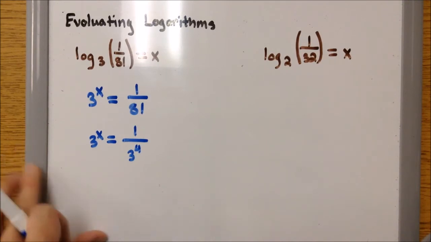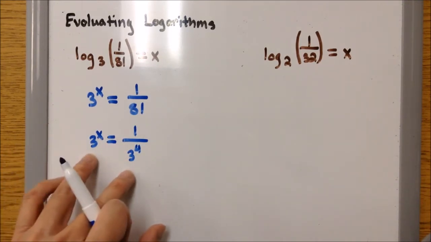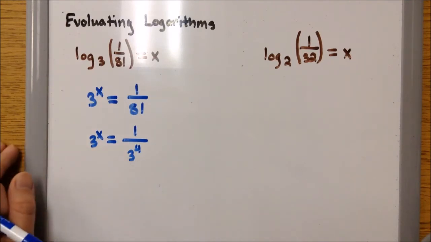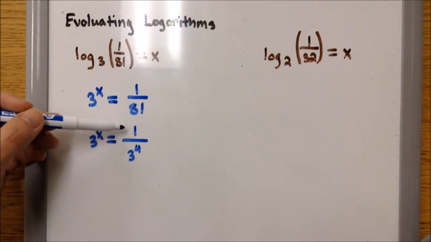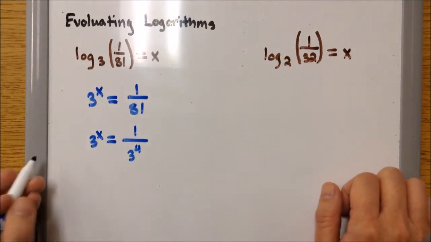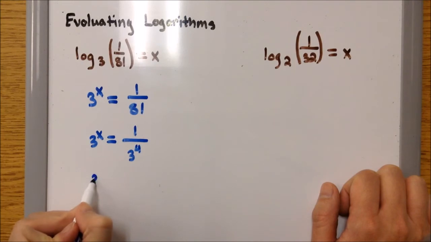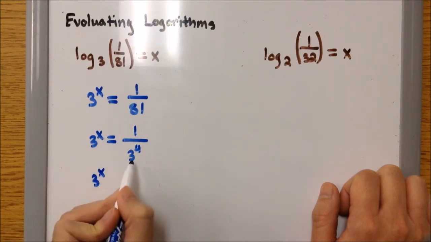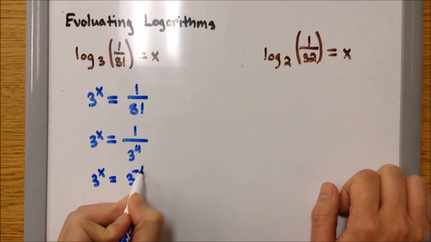Now, I can't have a fraction, because if it's not a whole number, then we can't solve for the exponent. So first we need to convert this from a fraction to a whole number. Based on exponent laws, we can rewrite 1 over 3 to the 4th as 3 to the negative 4th power.